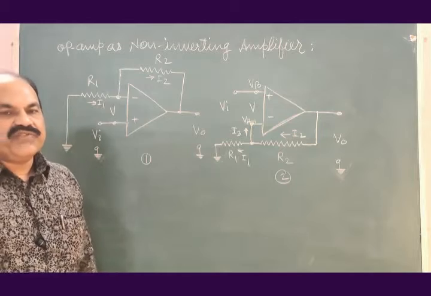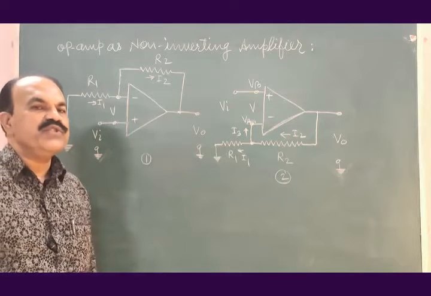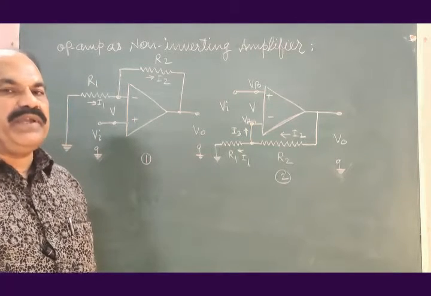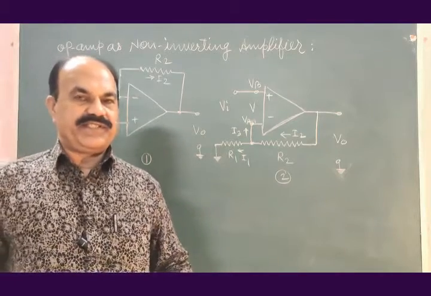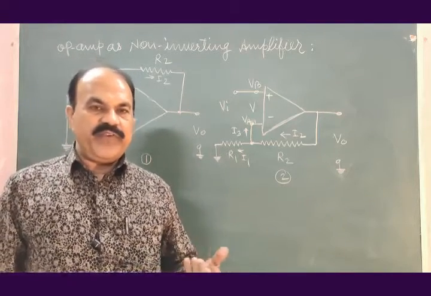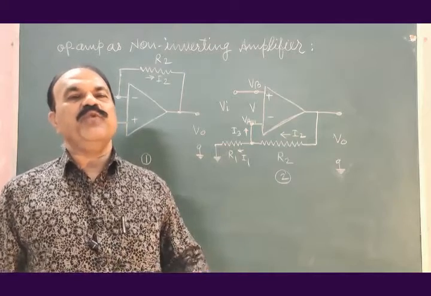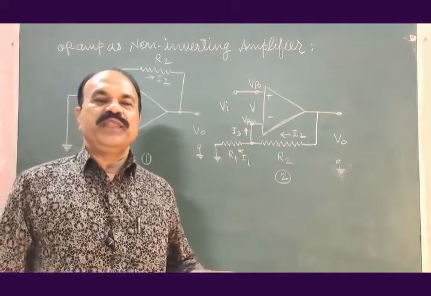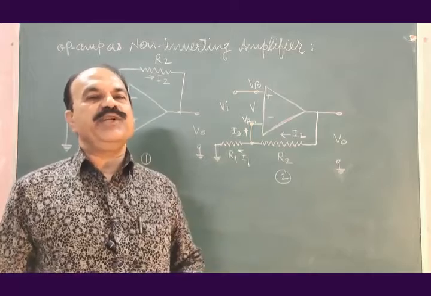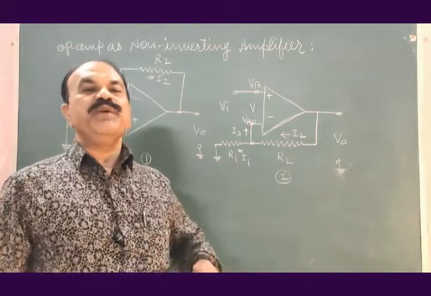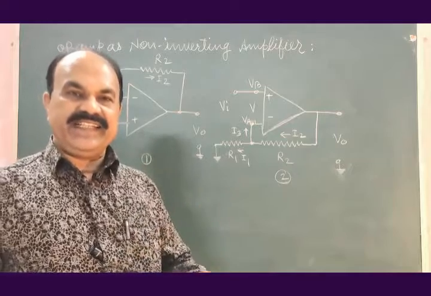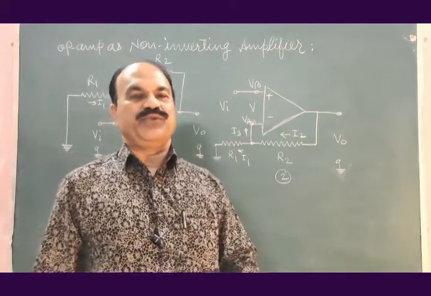The input voltage Vi and the output voltage Vo will be in phase. If Vi is positive, Vo will be positive. If Vi is negative, Vo will be negative. So the phase of input is retained at the output.